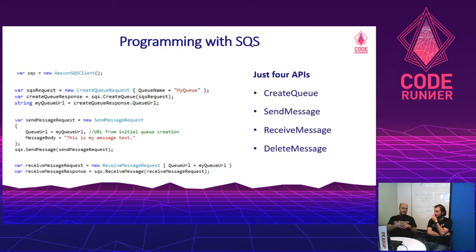And there's an SDK to write code in your .NET project called AWS SQS. So we should first get that NuGet package in your project, and then you can have a programming interface where you can write create queue, send message, receive message, or delete message code.